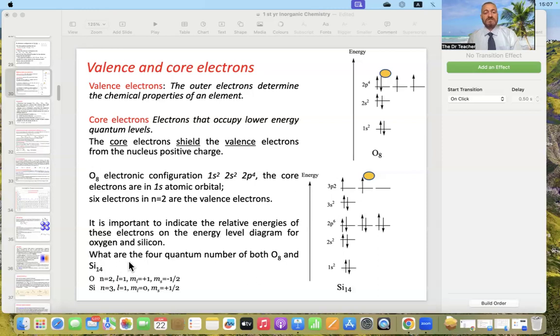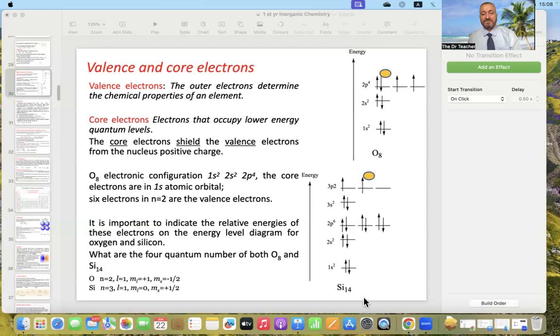So what are the four quantum numbers for both oxygen and silicon? As we said, the four quantum numbers go to the last, the final electron in the valence electrons. So we come to the n, and here it is 2, which is the main shell 2.